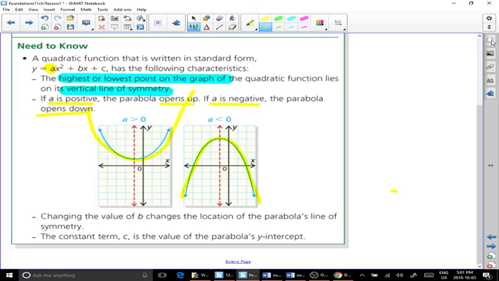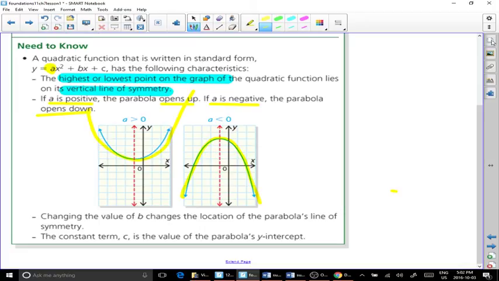If the y values go up and up, and then start to go back down and down, then you're looking at a parabola that's pointing down. If you're looking at y values that are going down and then start to go up, then you're looking at a parabola that points upwards.